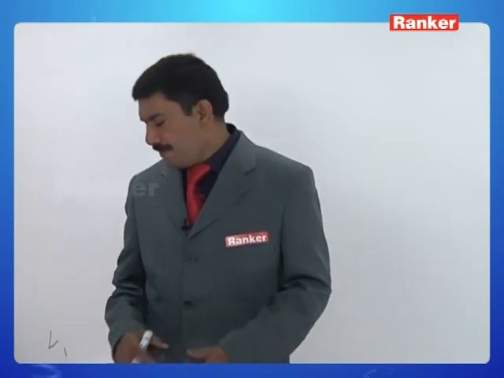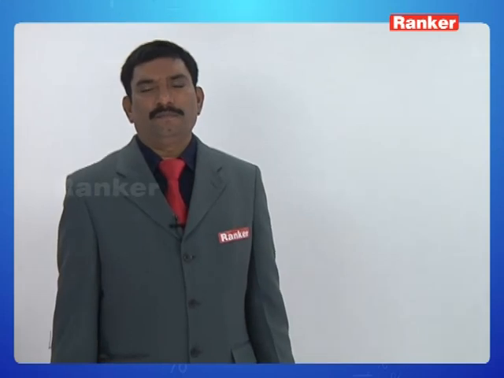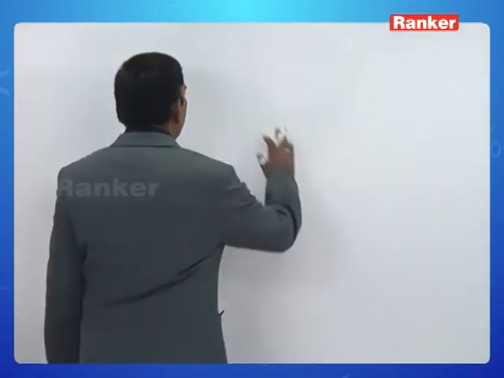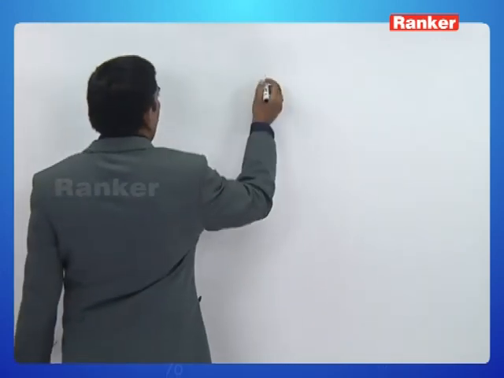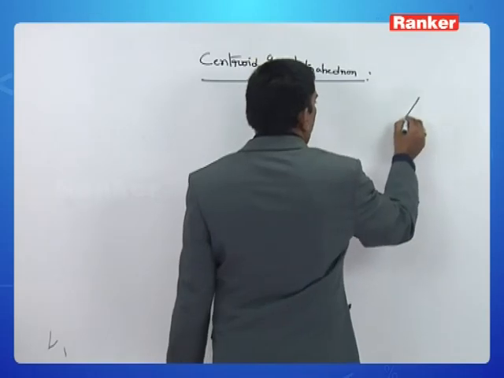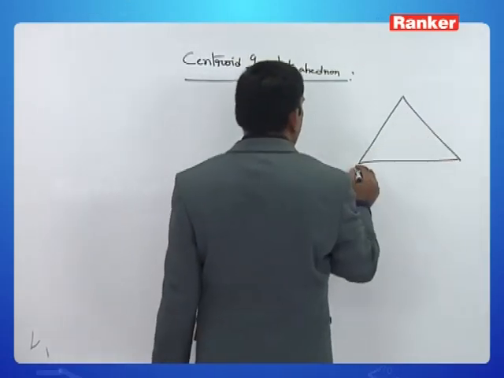Right. Now let us discuss the centroid of a tetrahedron. A tetrahedron is a three-dimensional figure. This is what?